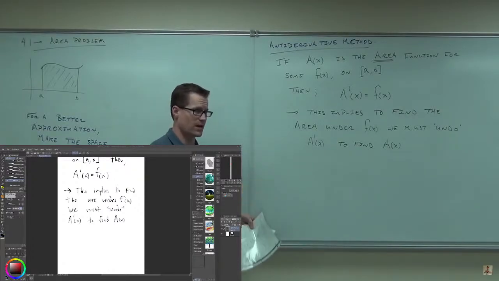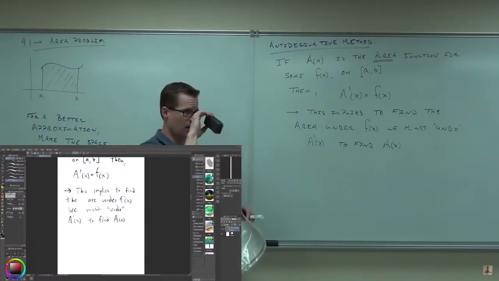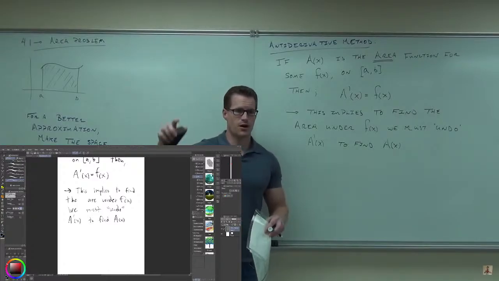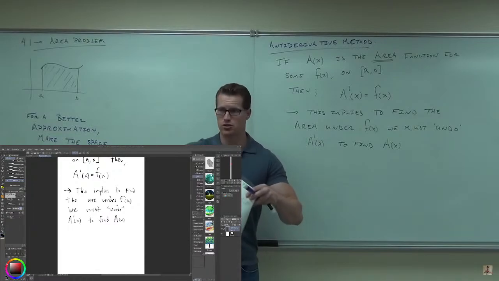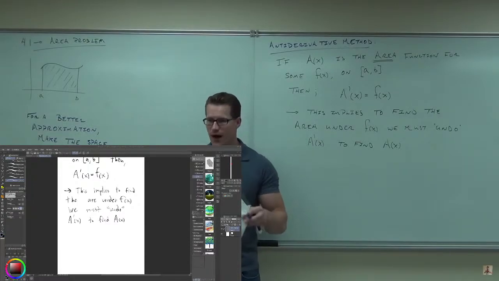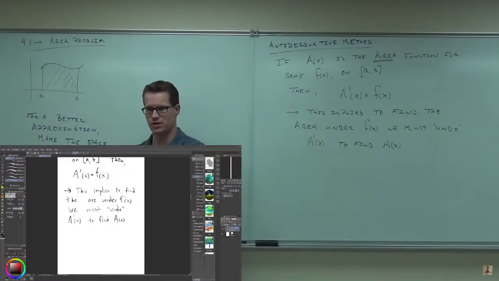What I've told you, and I've done it without proof, I'm not going to prove it till later, I've told you this. I said the first derivative of your area is your function. So if I can undo my function by treating it as a derivative, I will find the area function. So basically we need to go backwards from a derivative. Did you get that?